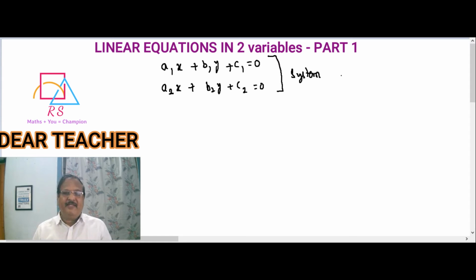In a question, see how many variables there are. If there are two variables, there should be two conditions, and each condition will be one equation. Then only is it possible to find the solution. Generally, what they will do: the sum of two numbers is 10.